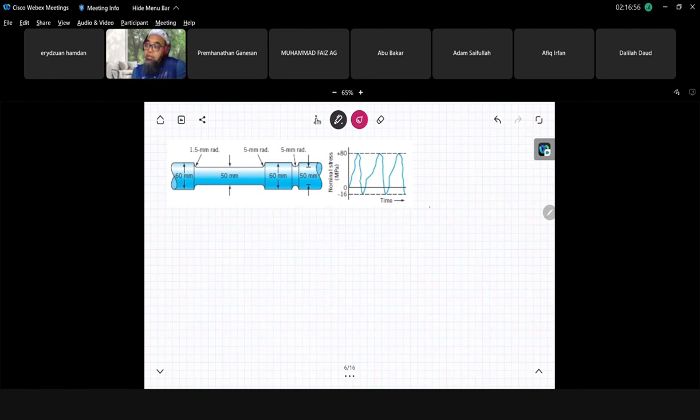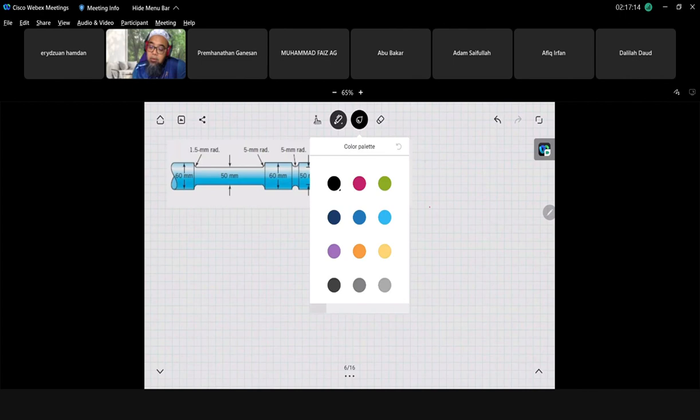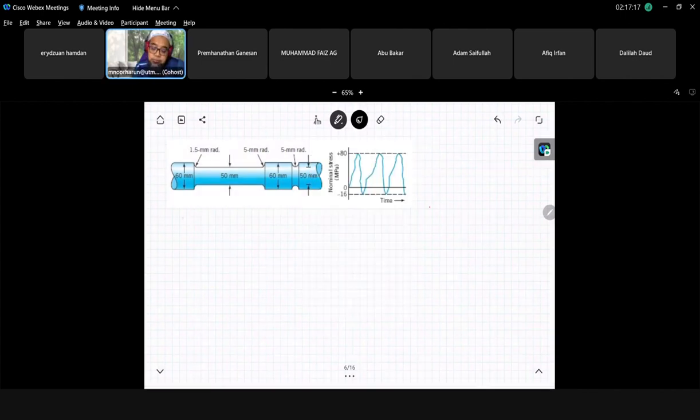Okay, for this question, we look at a shaft with a diameter of 50 mm.